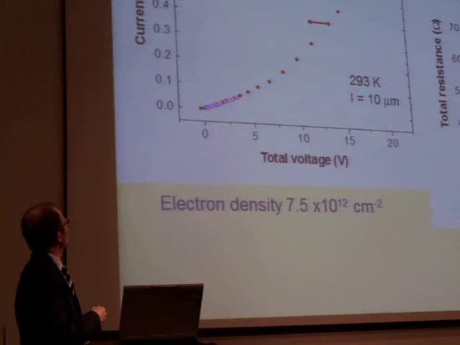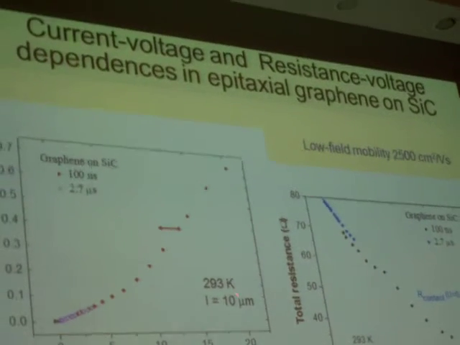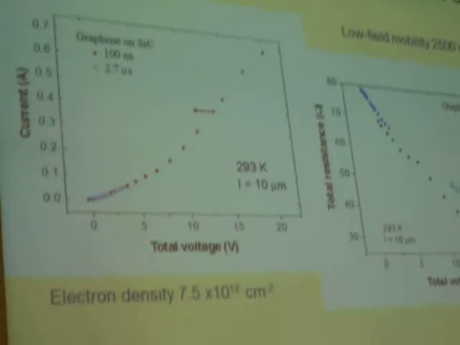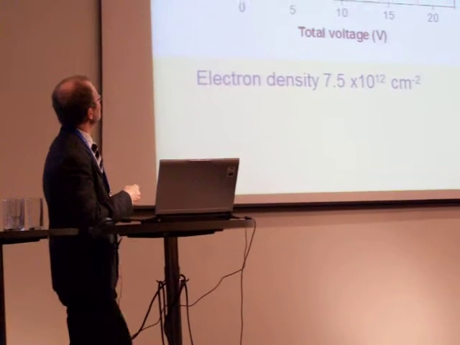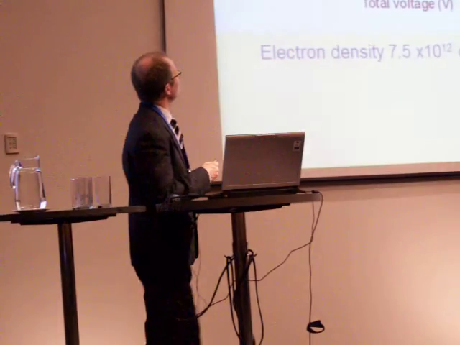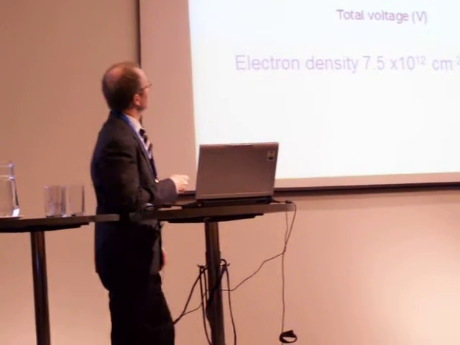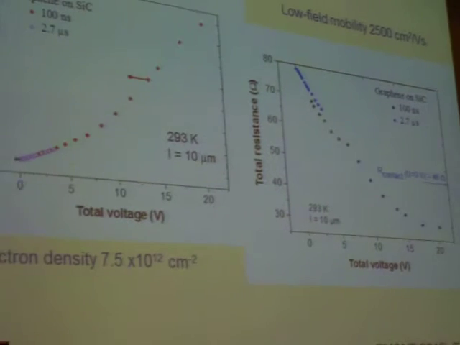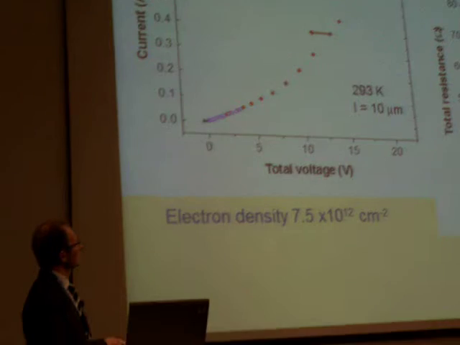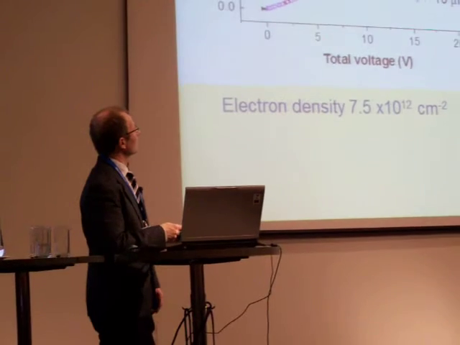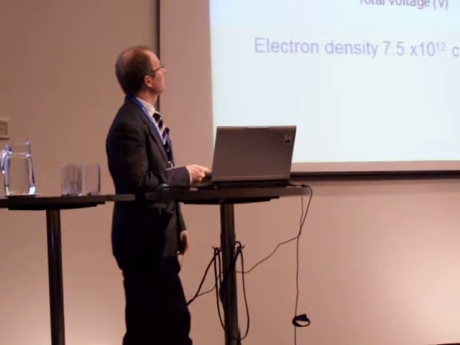Room temperature current voltage dependencies were measured up to 20 volts, and voltage pulses up to 100 nanoseconds were applied in order to reduce channel's self-heating effect. The total resistance decreased from 80 to 30 ohm upon applied voltage, and the application of higher voltage led to the sample thermal breakdown.